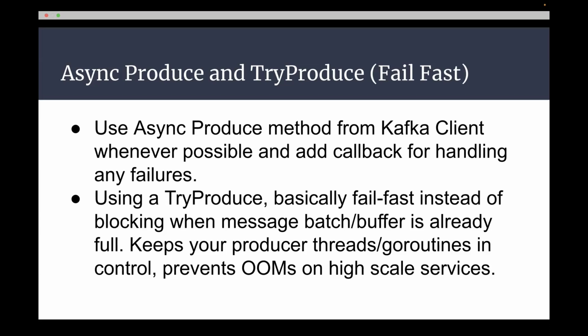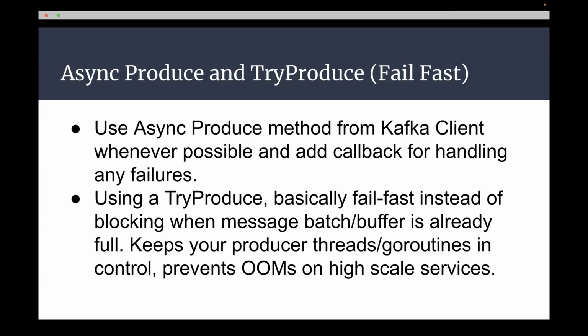It says, okay, I'll take care of this particular message in a separate thread. You continue with your main thread, and whenever I'm done with producing that message, I'll give you a callback, maybe a success callback or maybe a failure callback. You can take care of that separately. This will not block your main thread.